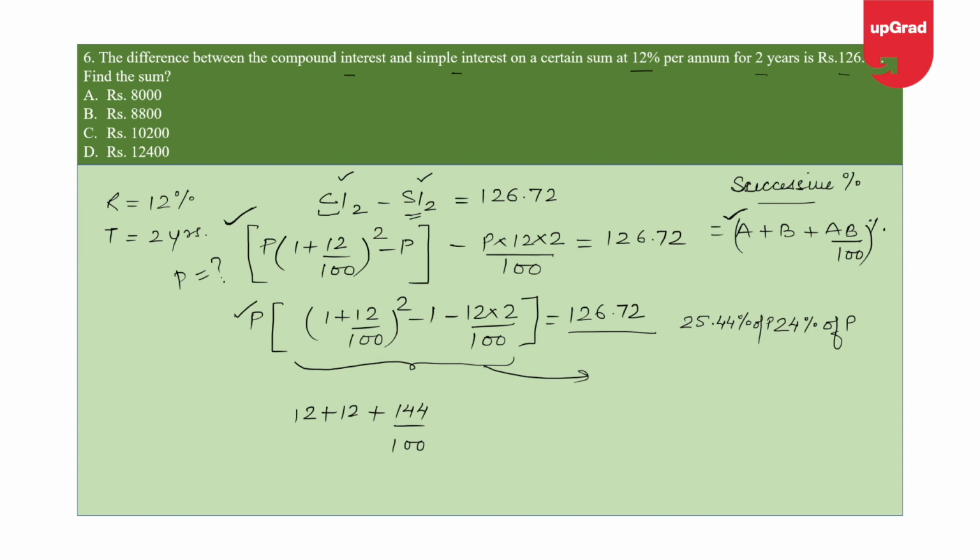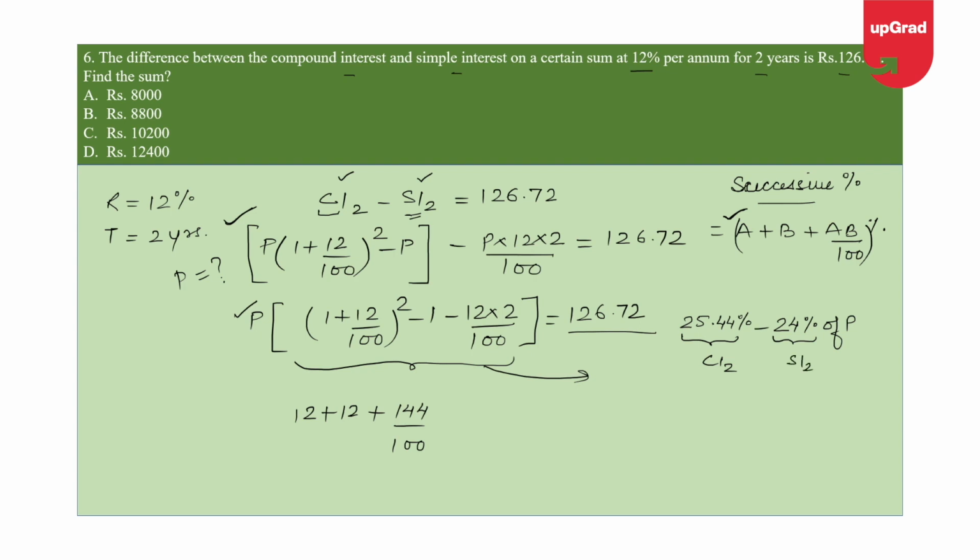Now, even if I remove this just to create some space, this will give me 25.44% in case of compound interest. This is compound interest for 2 years. This is simple interest for 2 years.